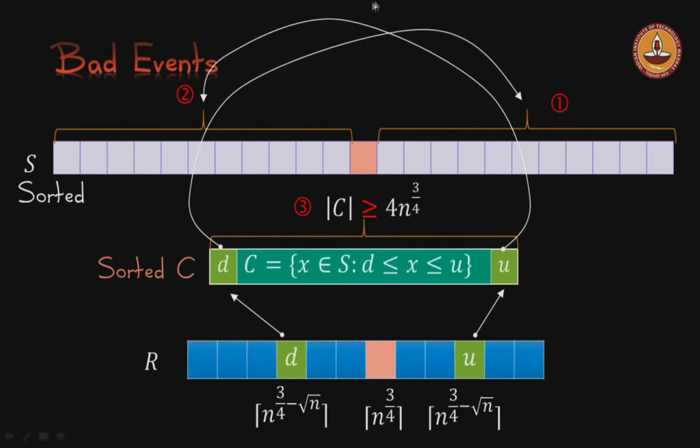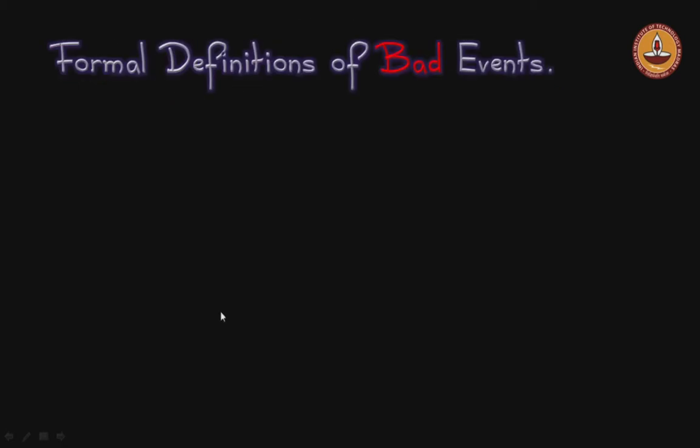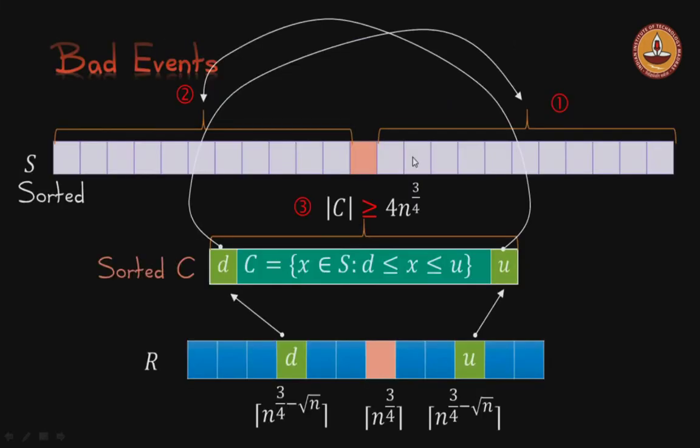All right. So, let's see now why that is a bad situation. In particular, the particular bad event is when that quantity is less than half n to the 3/4 minus square root of n. So, let us see why that is the case.